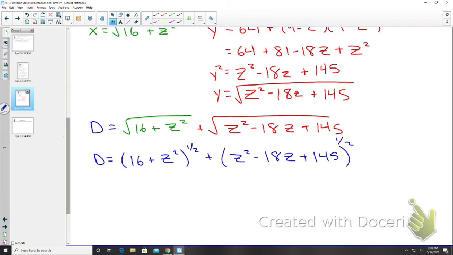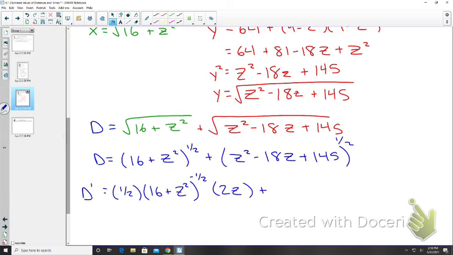Now that we're at this point, let's take the derivative of this. So d prime is equal to, and we're going to have to apply the chain rule here, 1/2 comes out front, multiplied by 16 plus z squared to the negative 1/2, multiplied by the derivative of what's inside the brackets. So 16 derives to 0, and z squared derives to 2z. Then we add our second term.